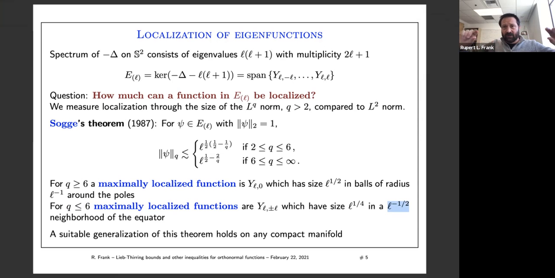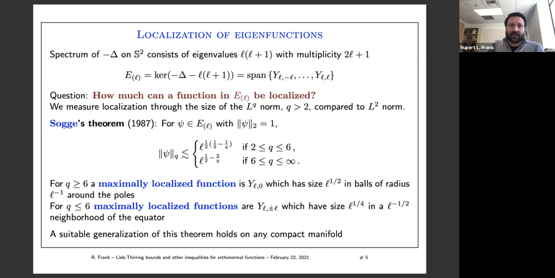That's the neighborhood around the equator. So it's still shrinking the set, but it does not shrink in the orthogonal direction. And then there's a certain size that the functions have in that neighborhood. Once again, if you put this into the computation, you find a size for the Q norm, and Zog proved that this is actually the optimal size for these functions.